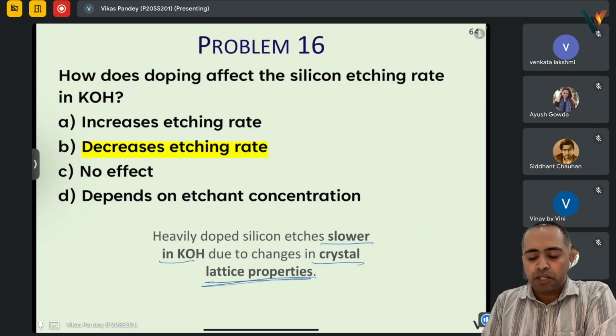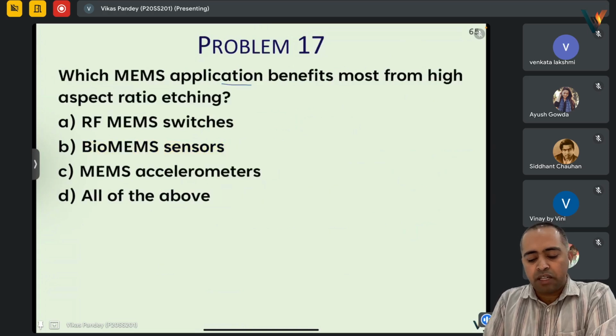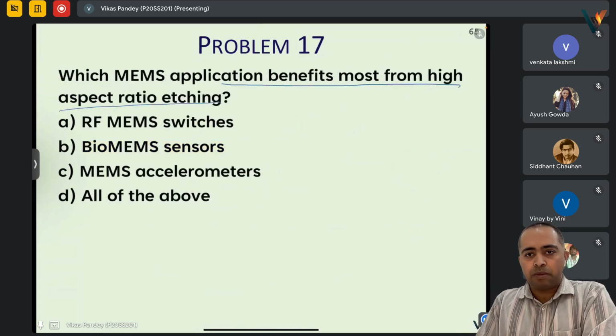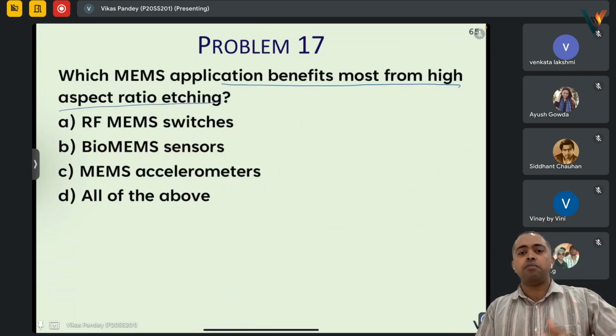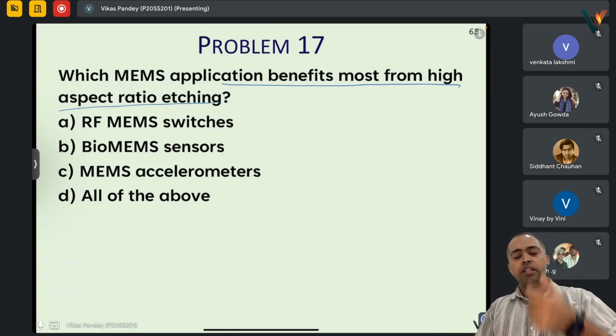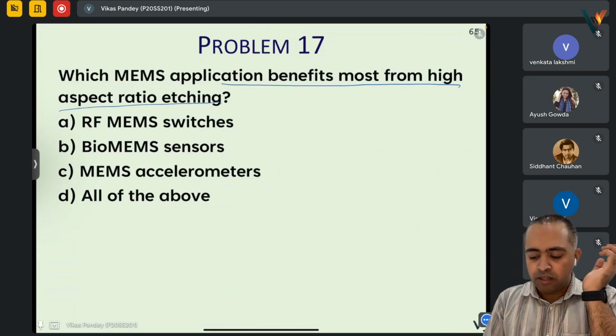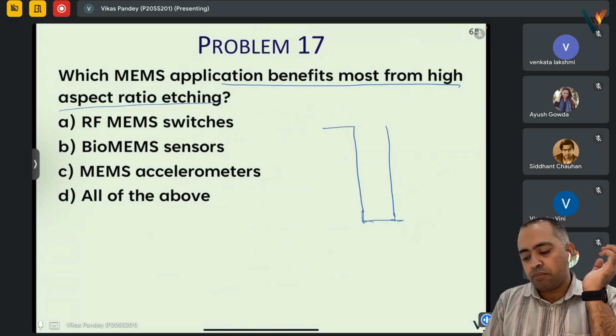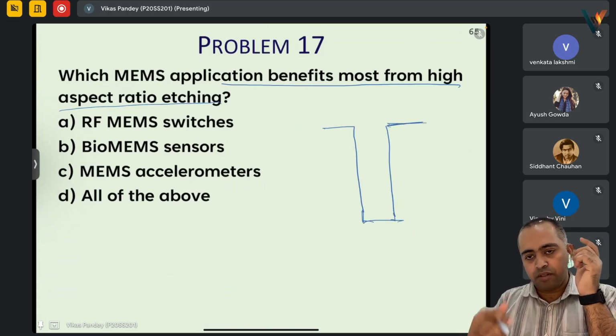Which MEMS applications benefit most from high aspect ratio etching? High aspect ratio etching means very thick, deep structures, where the depth is much higher compared to the size of the opening.